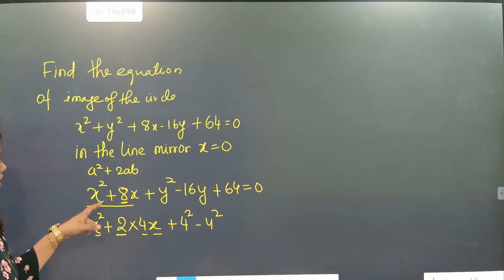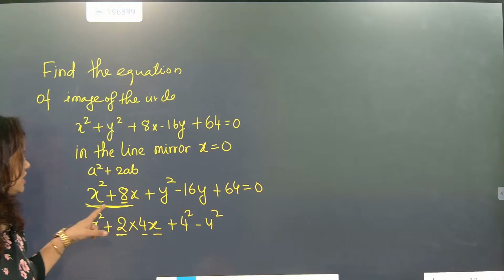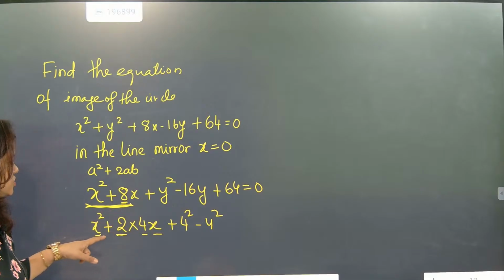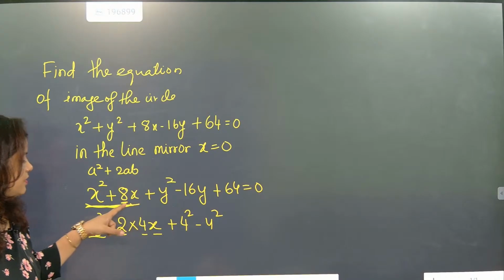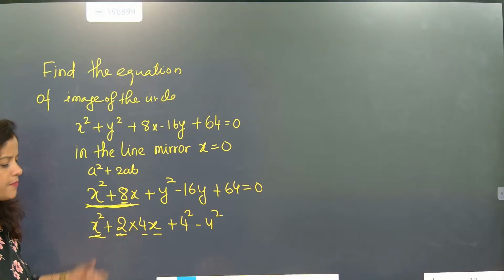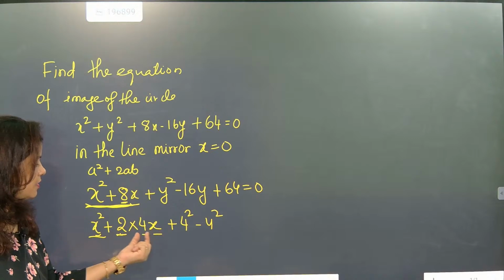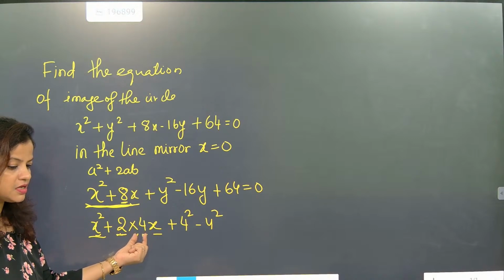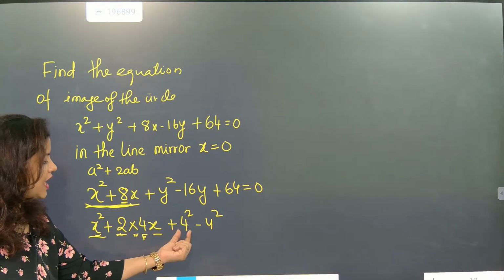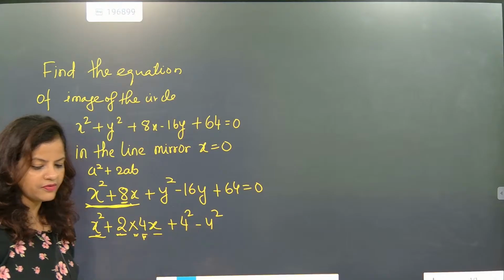See, look here, beta: x square plus 8x is there, so x square, and 8 can be written as 2 into 4. So a square plus 2ab, and this square of b is missing, so we add 4 square and subtract 4 square.